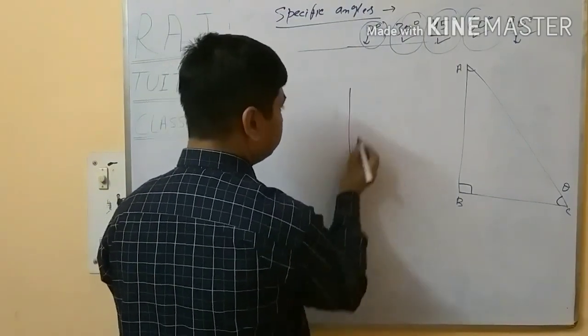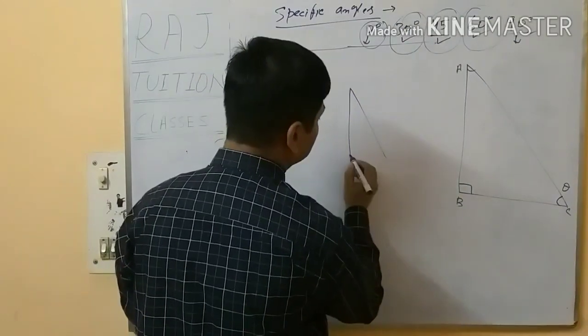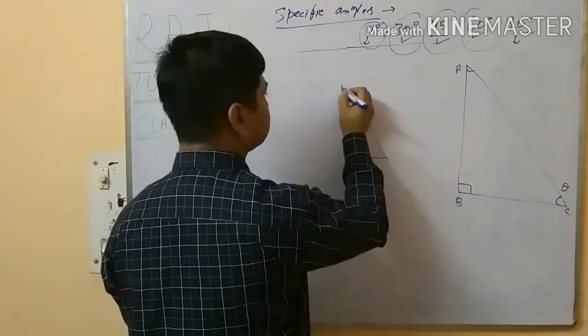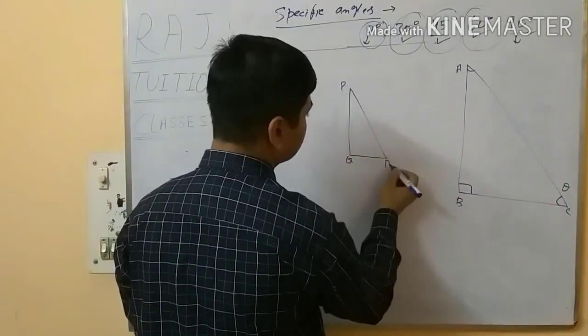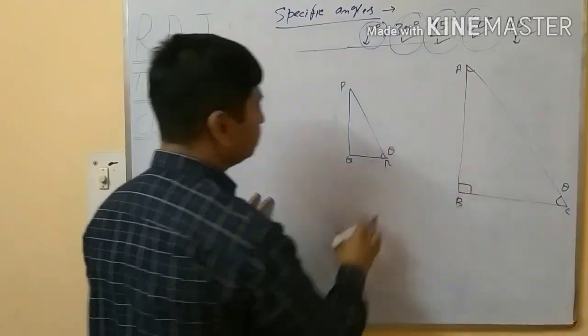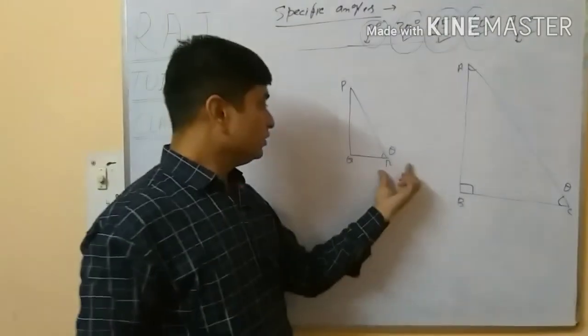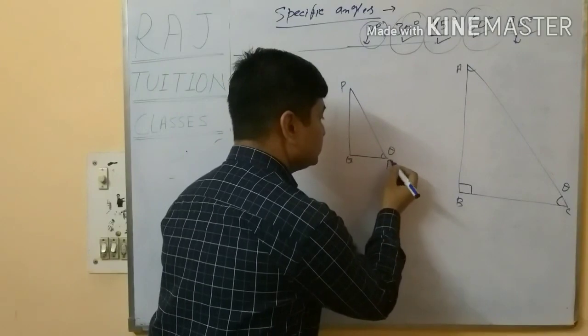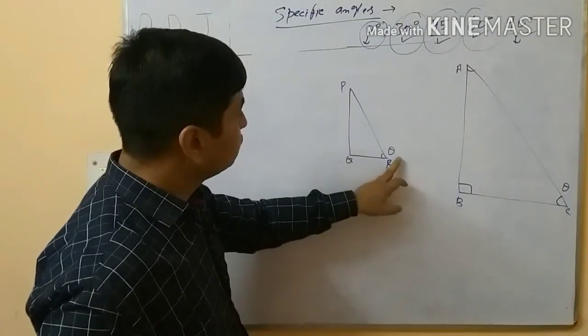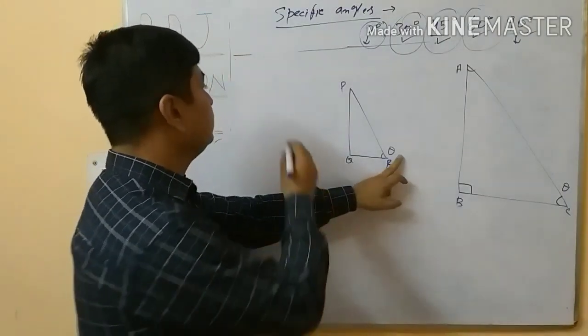Let's say it's PQR and it has an angle of theta degrees, and I just want to find out the value for 90 degrees.